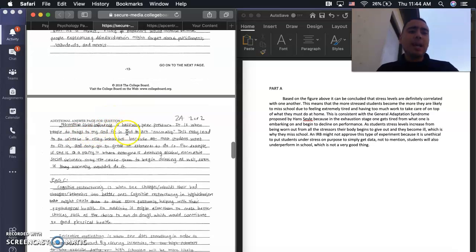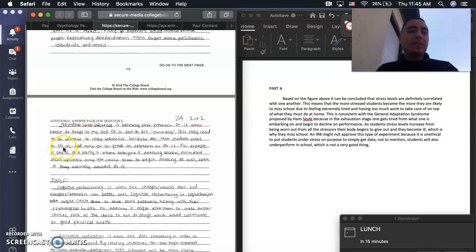Normative social influence is basically peer pressure. It is when people do things to try to fit in and act normally. This may lead one to go to great extremes to do so. For example, if one is at a party where everyone is drinking alcohol, normative social influence may cause one to begin drinking as well, even though one wouldn't normally do it.